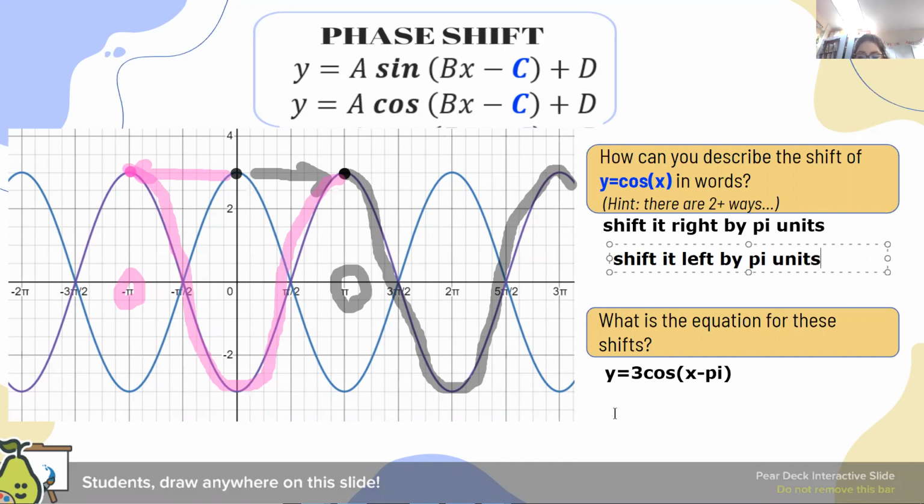The equation remains the same, except now I have y is equal to 3 cosine of x plus pi. So depending on your perspective, if you go left by pi you add pi, or if you go right by pi units, you have x minus pi inside your parentheses.